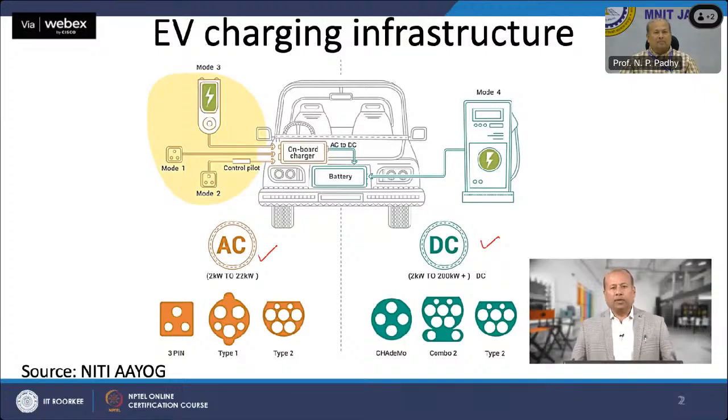Mode 1 consists of a direct connection from a socket to the EV without any special safety. Typically, mode 1 is used for charging electric bikes and scooters. The mode 2 charging scheme requires a specific safety system between the point of connection to the electric network and the car in charge.